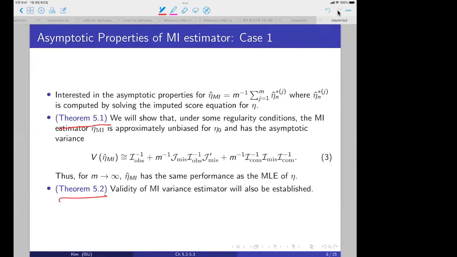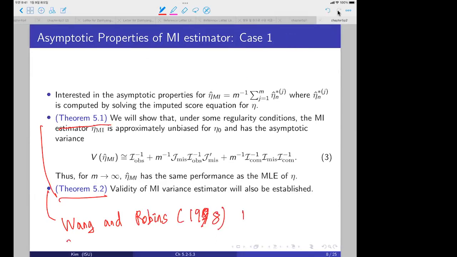This is actually the work of Wang and Robins, 1998, in Biometrika. Robins is not Rubin, a totally different person.